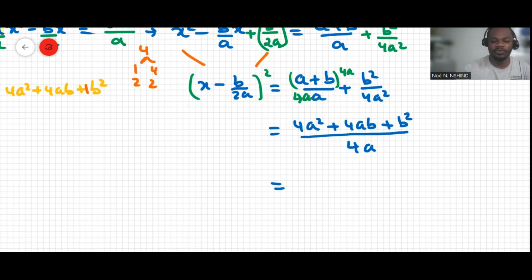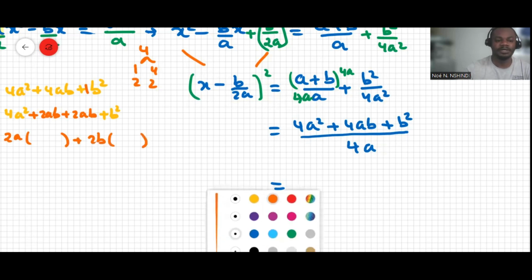So then this can be rewritten as 4a squared. Instead of me writing 4ab, I write plus 2ab plus 2ab, and then plus b squared. Okay, so we can factorize here. I can take 2a for common factor there, and there we can take 2b for common factor.